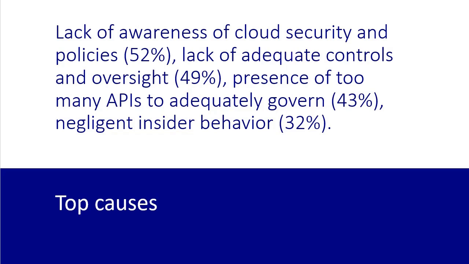The next one is the presence of too many APIs to adequately govern, and that's 43%. The complexity of the networks is increasing, and the same number of admins are now administering more and more variety of these APIs, and the software components are increasing.